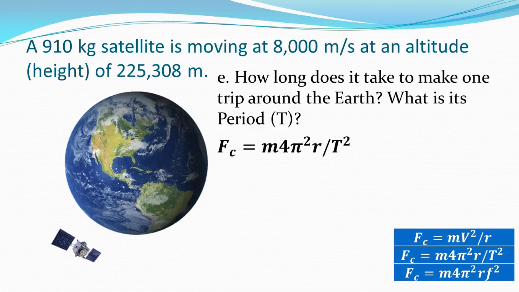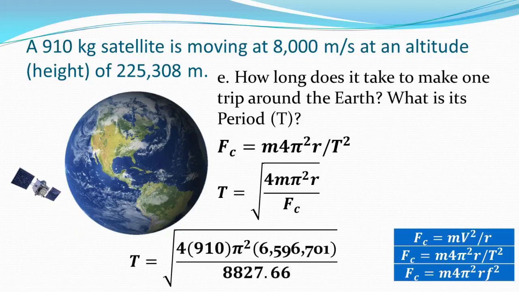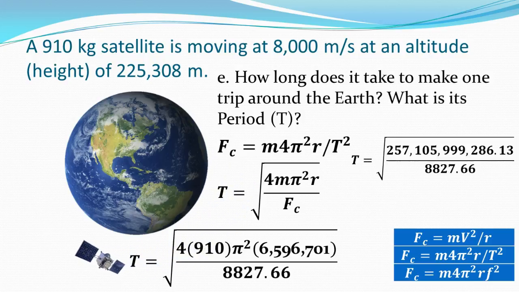Because we're looking for the period, I'm going to use the formula that has the capital T. I'm going to take the derivation of it to make calculation a little more approachable. Simply substitute all the values in for the variables. Whenever you have a formula that is a rational expression or a big scary fraction, simplify the numerator, then simplify the denominator before turning it into a decimal.